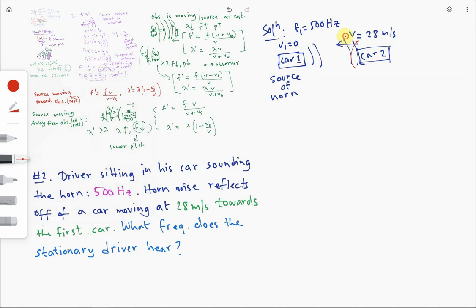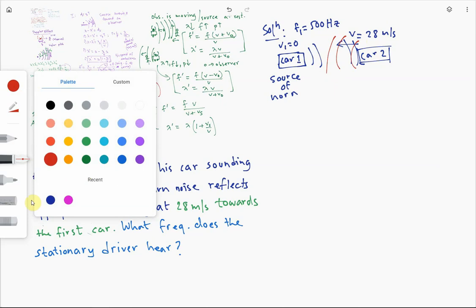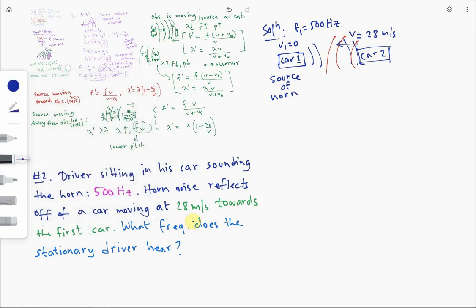So the noise gets reflected off like that. We want to know what is the frequency that the first driver, the stationary driver, hears. Now there are two things happening.